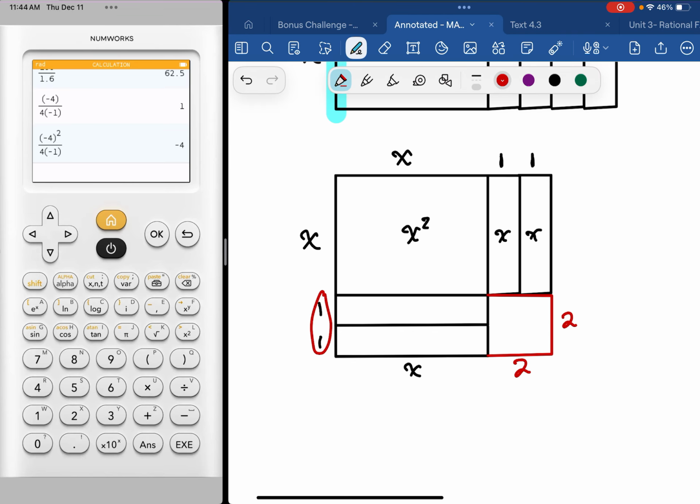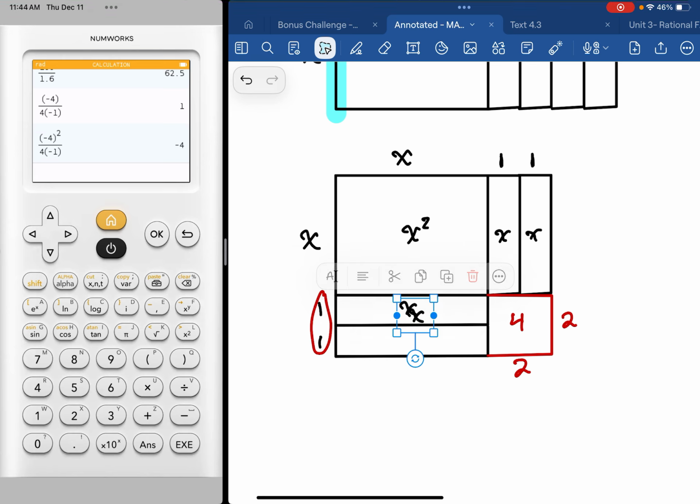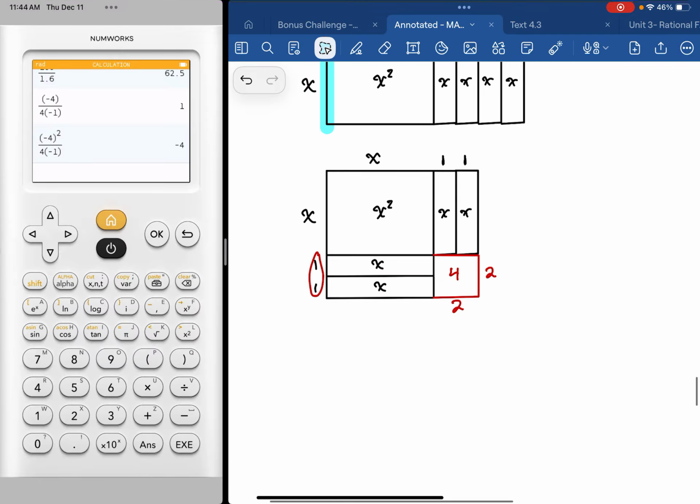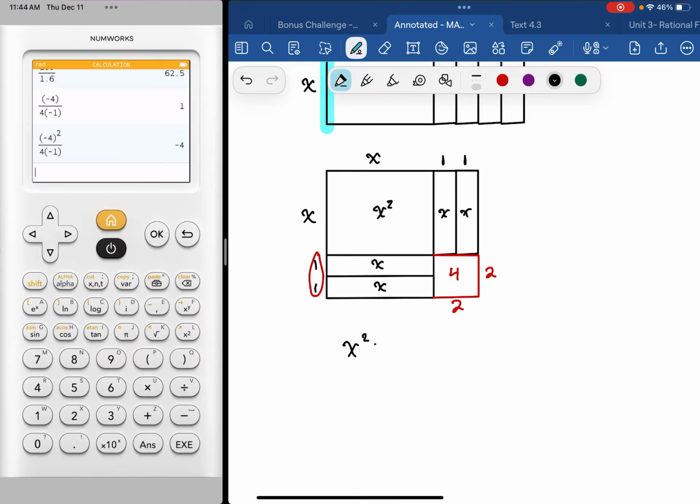That gets me an area of 4. So I'm going to put this in here. These are my areas. So if I added it all up, I would have x squared plus 4x plus 4.